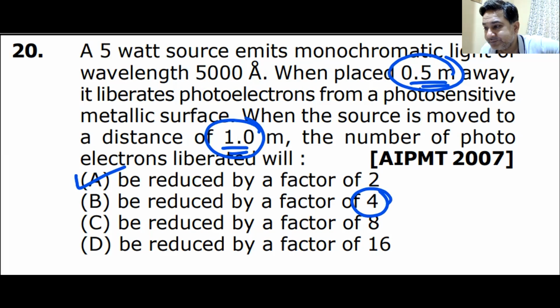If the distance becomes 3 times, it will reduce by a factor of 9. If the distance becomes 4 times, it will reduce by a factor of 16. If the distance becomes 5 times, it will reduce by a factor of 25. Do we understand this? Yes, sir.